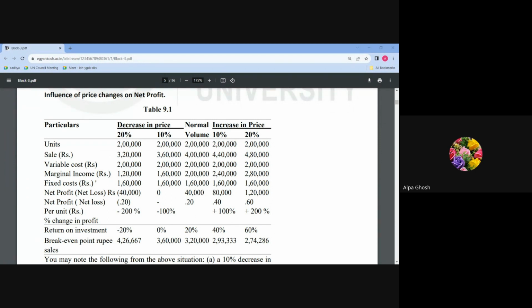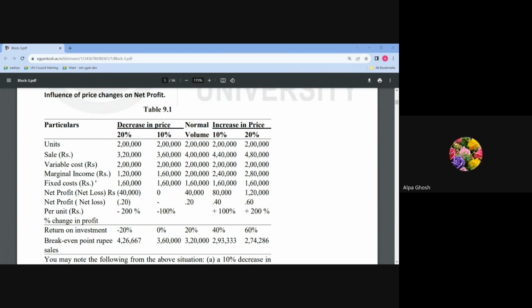The first one is your decrease in price. The second one is normal volume. And the third one is your increase in price. Units, in the first case, are 2 lakhs, 2 lakhs, 2 lakhs and 2 lakhs because there is no increase or decrease in volume.